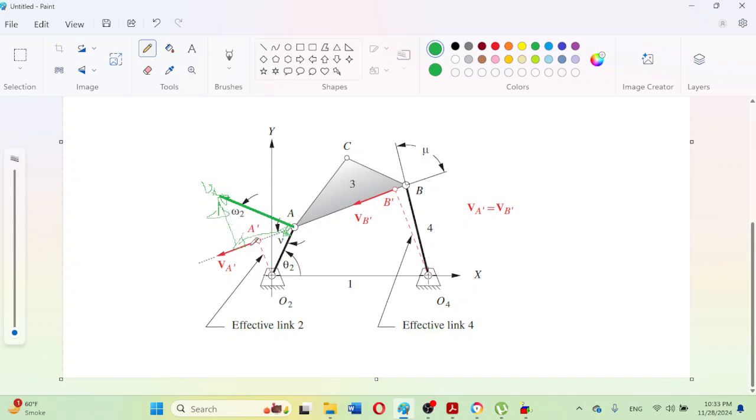So the author states that this component of VA is actually VA dash.